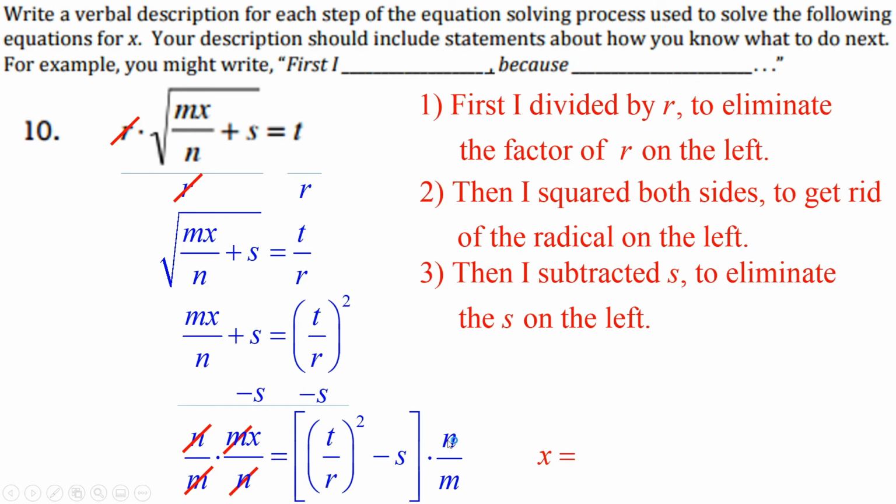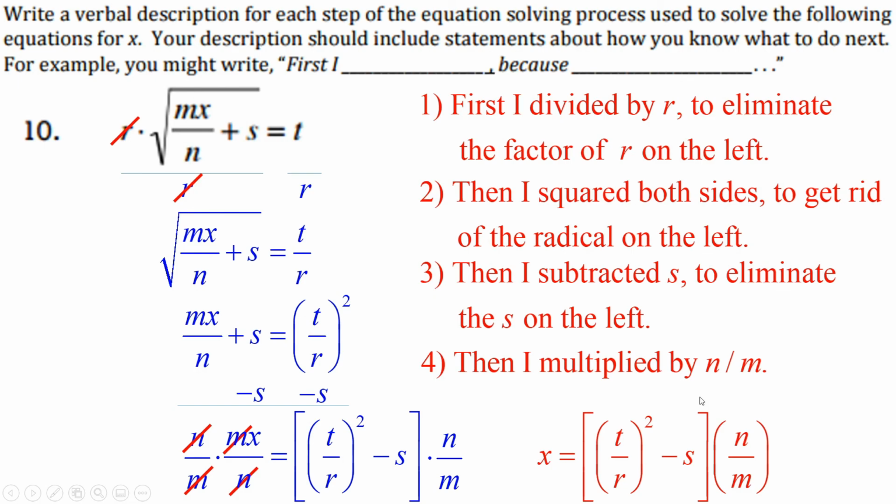So x equals t over r squared minus s, that quantity, times n divided by m. And what did we do? We multiplied both sides by n over m to undo multiplying by the fraction m over n. Then I multiplied by n over m. Okay, keep it simple. Oh, that is it already.